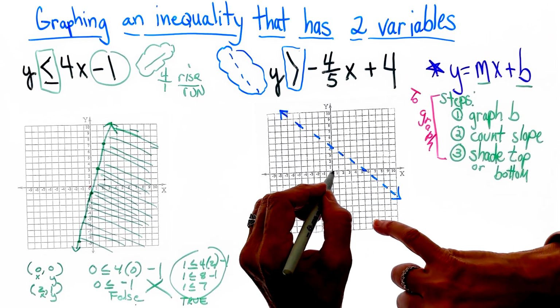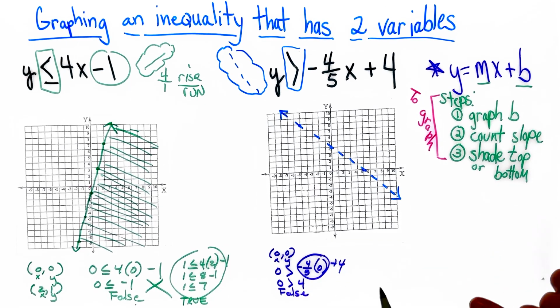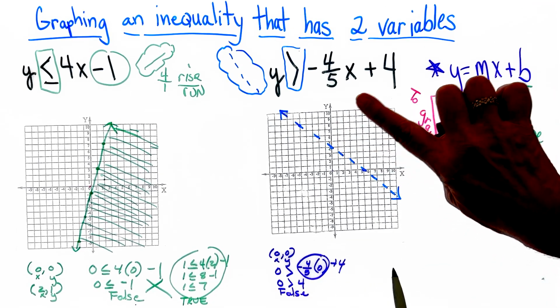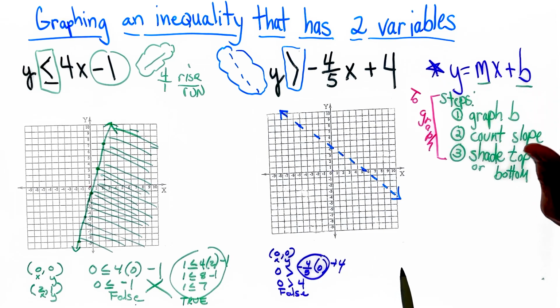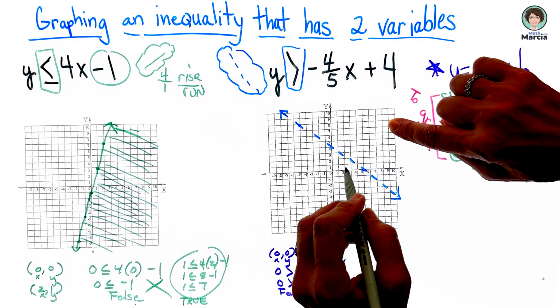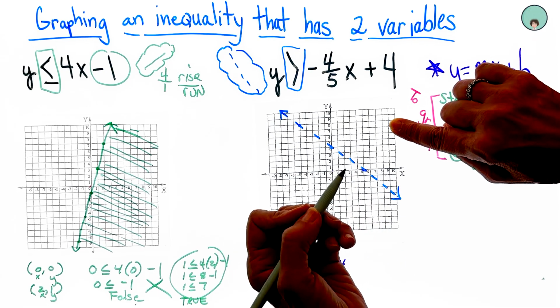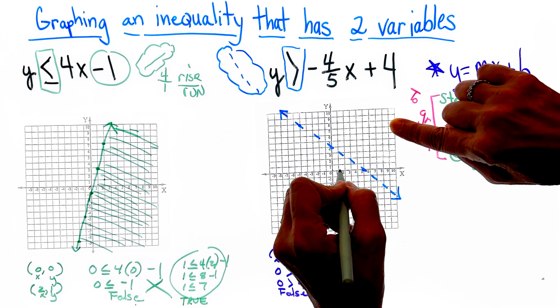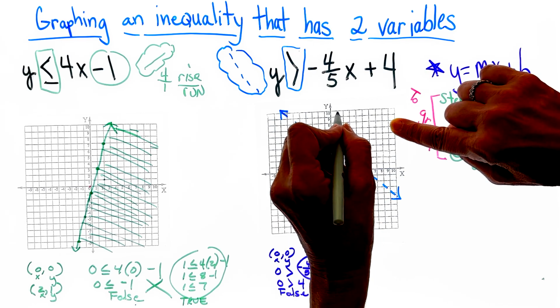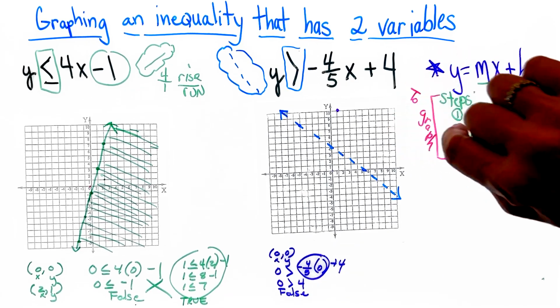And I checked this point right here. So that means that I do know that I'm going to be shading the top part. But I always like to pick a point and check it out. So let's see, why don't we pick 1 and 10, all the way up there.